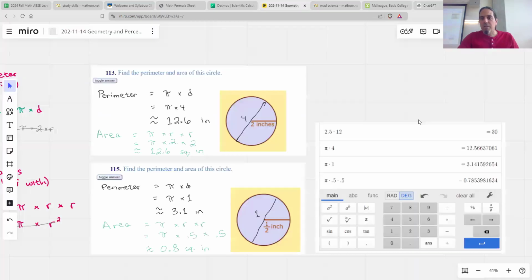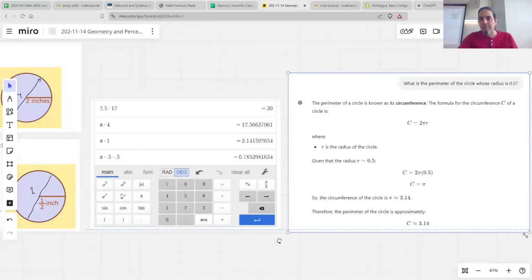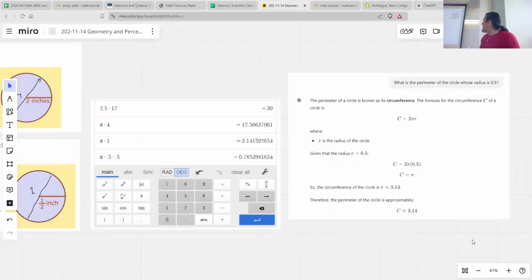Okay, that looks quite a bit different than what we did. It uses twice the radius, not the diameter. Plugs things in. That's the same answer.